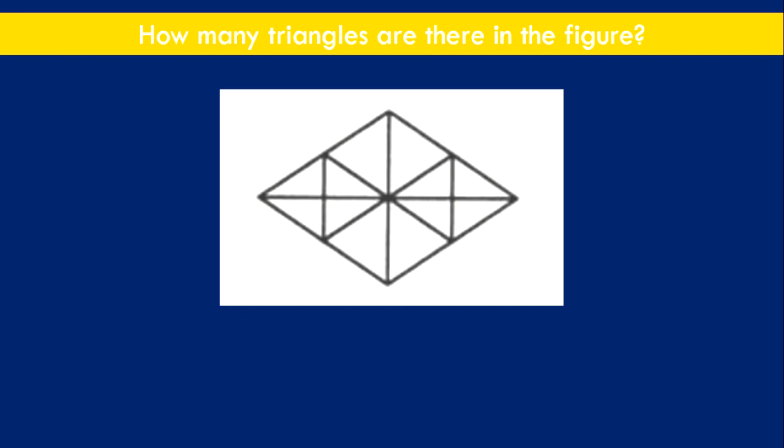As you can see, we can count it. First, the small triangles: 1, 2, 3, 4, 5, 6, 7, 8, 9, 10, 11, and 12. Then let's focus on the smaller diamonds here, 1, 2, 3, 4, and 9, 10, 11, 12.